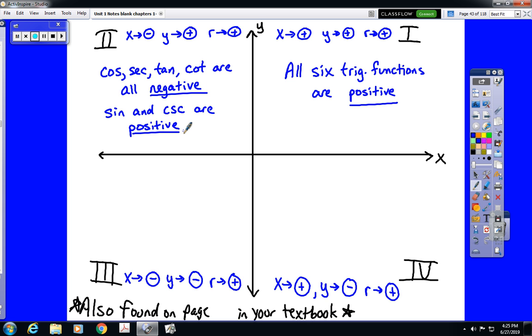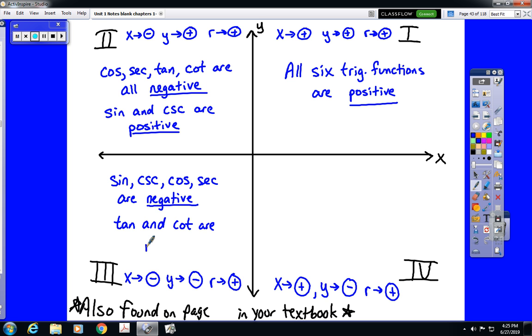Similarly, in quadrant 3, the sine, the cosecant, the cosine, and the secant are negative values. And the tangent and cotangent are positive.